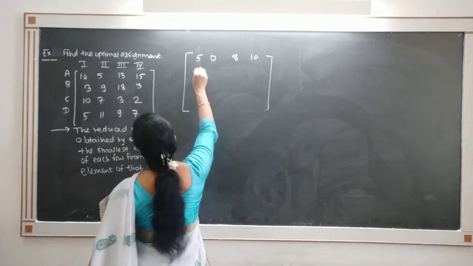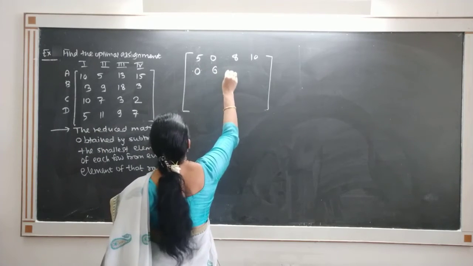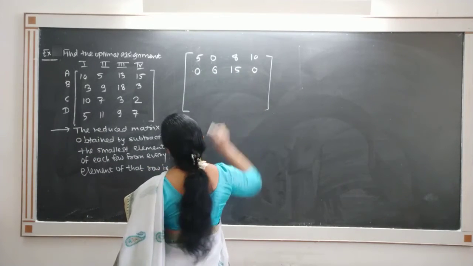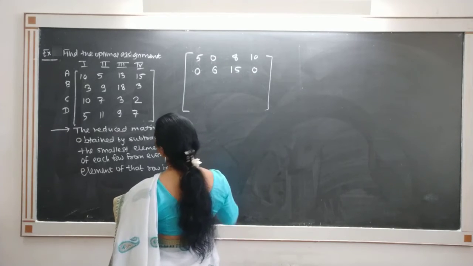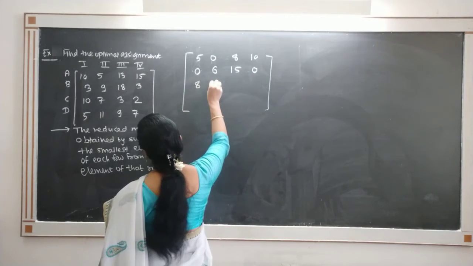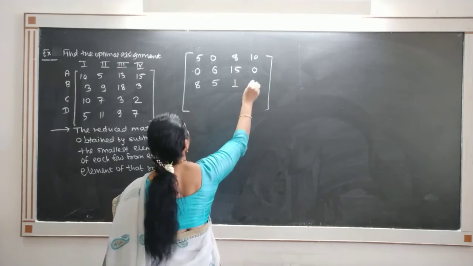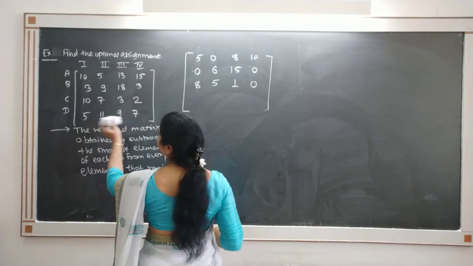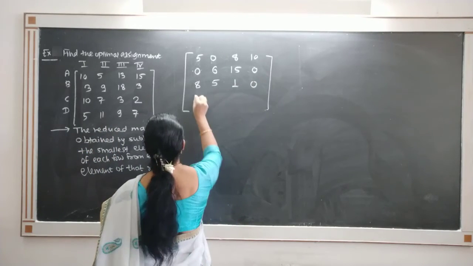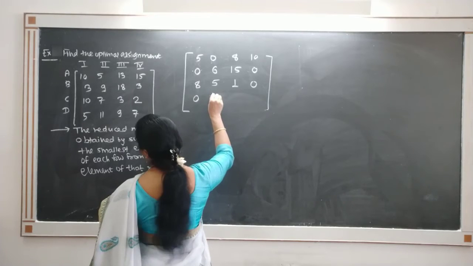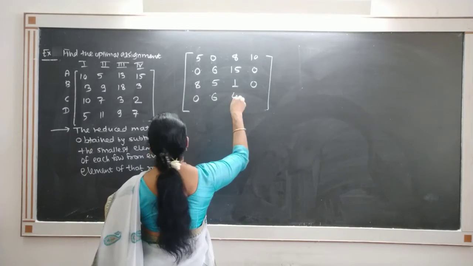The smallest is 3 in the second row, so 0, 6, 15, 0. In the third row the smallest is 2, so subtract 2 from every element, 8, 5, 1, 0. In the last row subtract 5 from every element because 5 is the smallest, remains 0, 6, 4, 2.